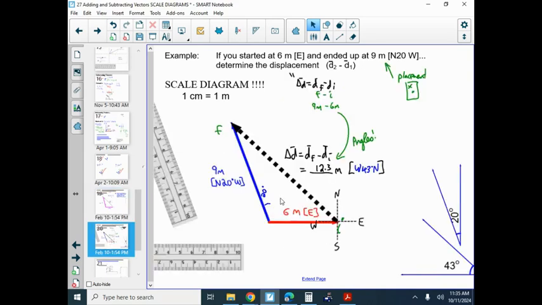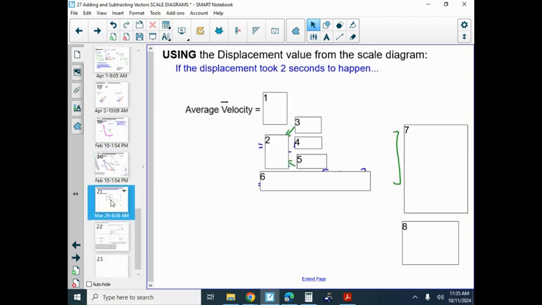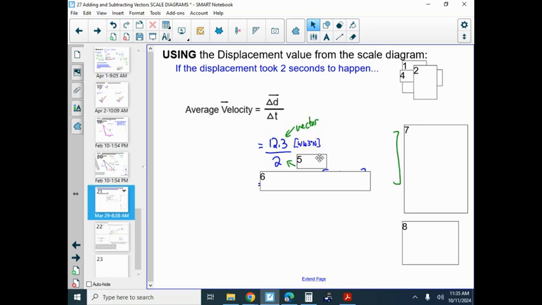Yeah, so there's the work that's all carried out basically, and the ideas of it. So see if you can draw a diagram that works out the same as that. And then the last part is to say, okay, from that we could actually calculate velocity, right? So if it took 2 seconds for that to happen, you'd have your number from the diagram, and then you'd divide and that gives you the velocity, the average velocity.